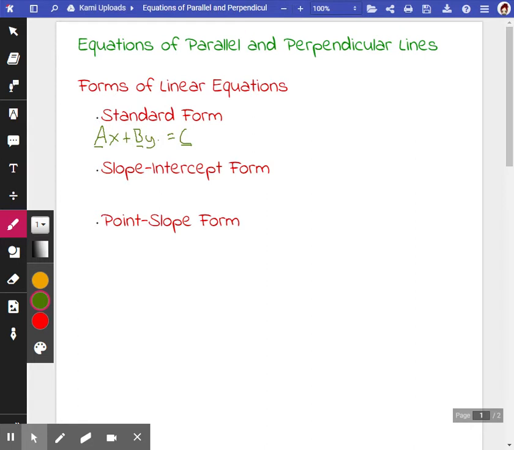In this chapter, all we do with standard form is solve for y to convert it into slope-intercept form, because slope-intercept form is the one that's more useful to us. Slope-intercept form is y equals mx plus b. So for both of these equations and for point slope form, the x and y are your variables.